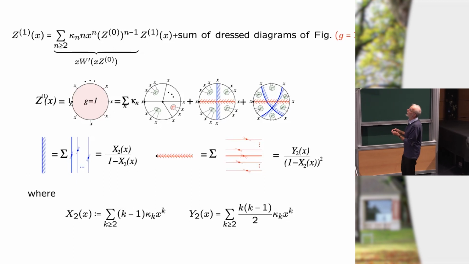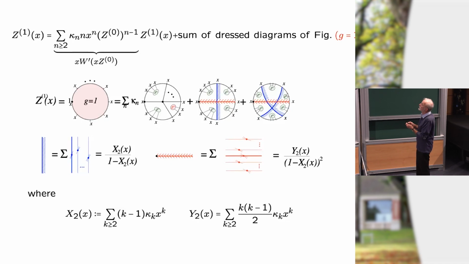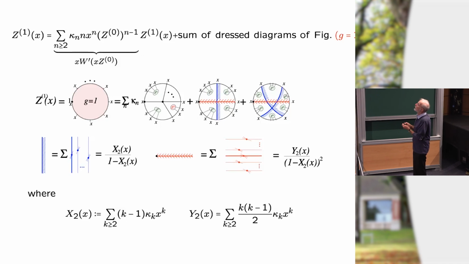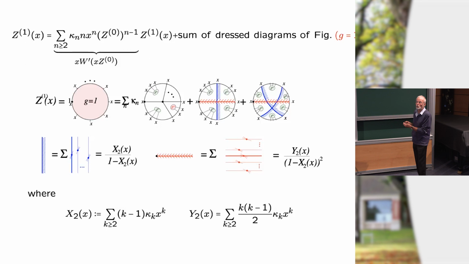Now the other case is that this marked point x_n is attached to one of the lines of the reduced diagrams. Now I have to show how I'm going to reconstruct all the things that were removed before.